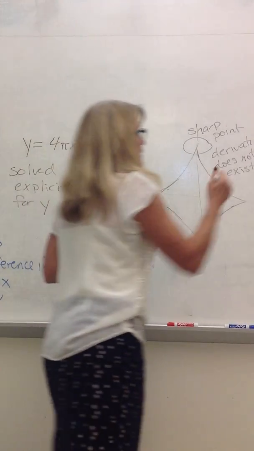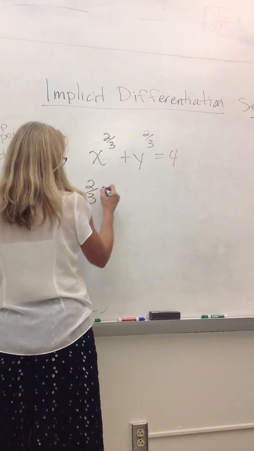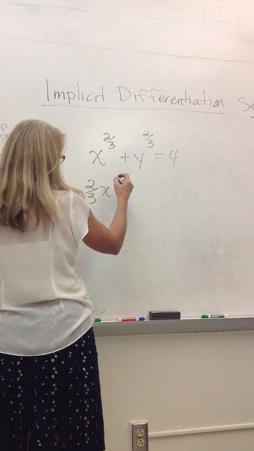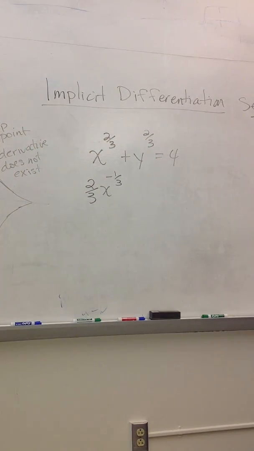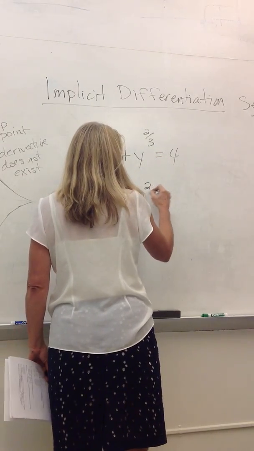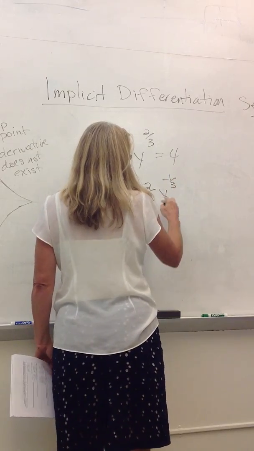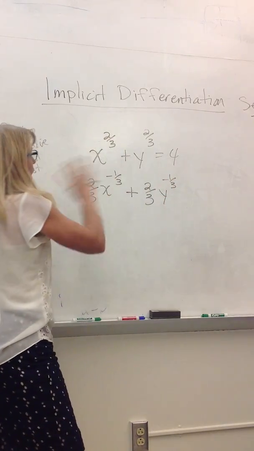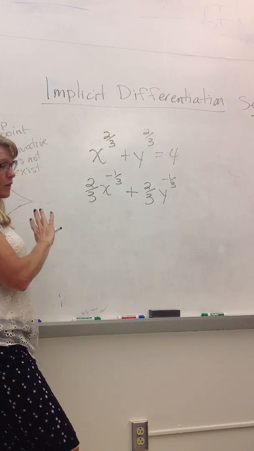So if I leave this one implicit, then I take the derivative of both sides. My first step would be to deal with that first term: 2/3 times x to the minus 1/3. And then I would deal with the second term. So it's power rule also. But you have to pick one of the variables to be dependent on the other one.